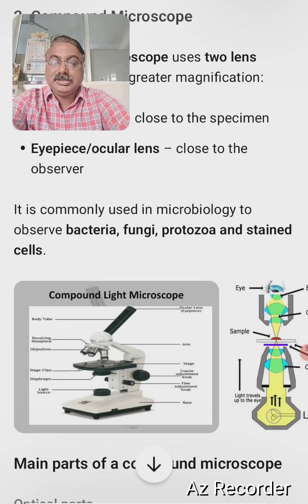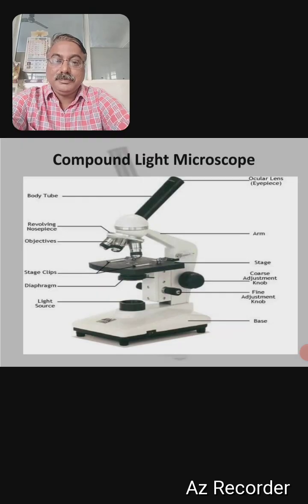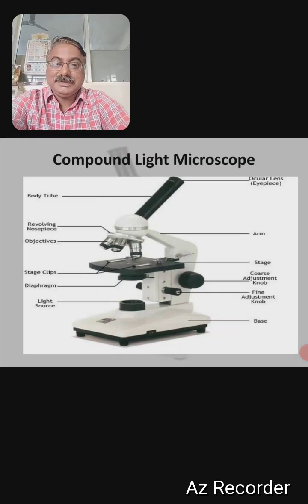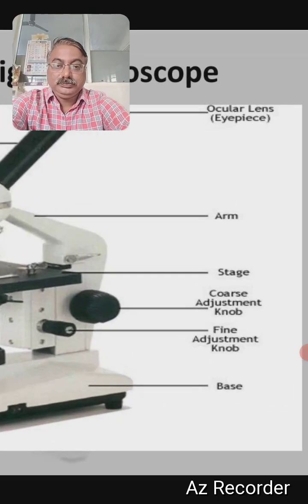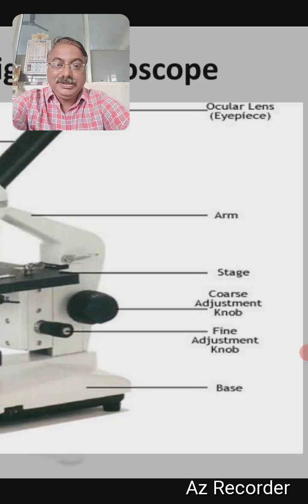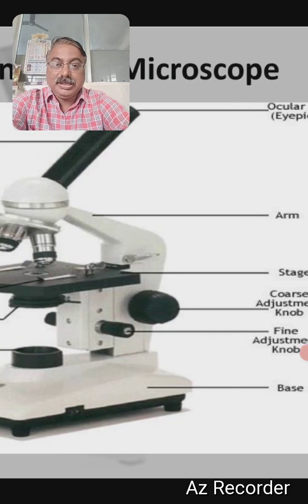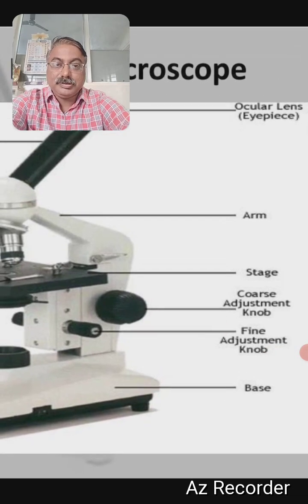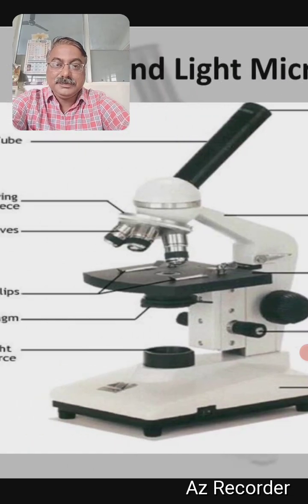So here you can see the structure of the compound microscope with its different parts. Base, fine adjustment knob, coarse adjustment, then stage, then arm for holding the microscope, ocular lens or eyepiece lens.